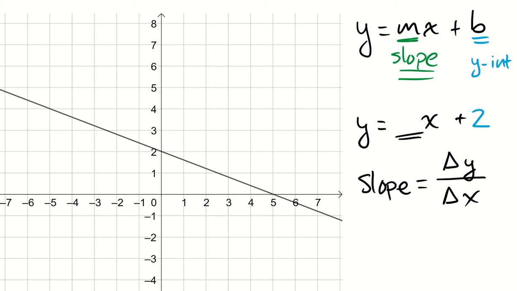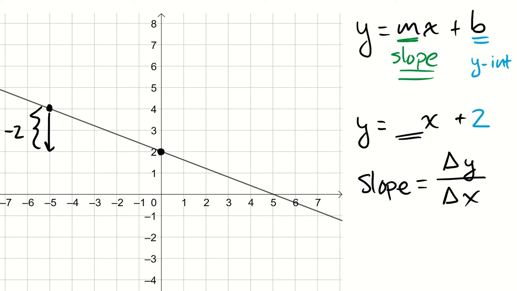I can often see that quite nicely on a graph. If I look at this graph, this point and this point are very convenient for figuring out both the change in y and the change in x. I can see that my y variable is changing by this much. In fact, my y value is going down by 2 units.